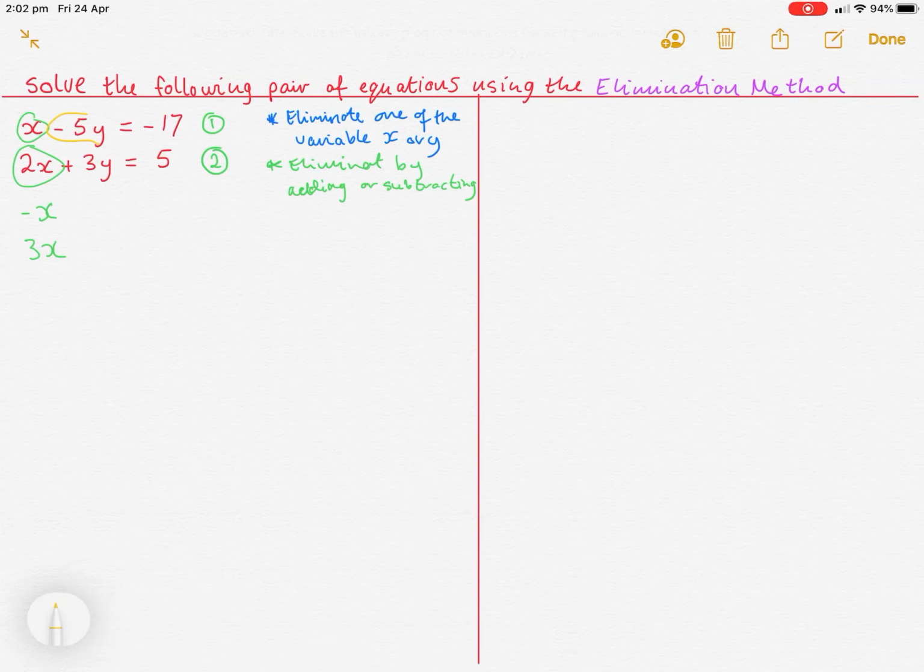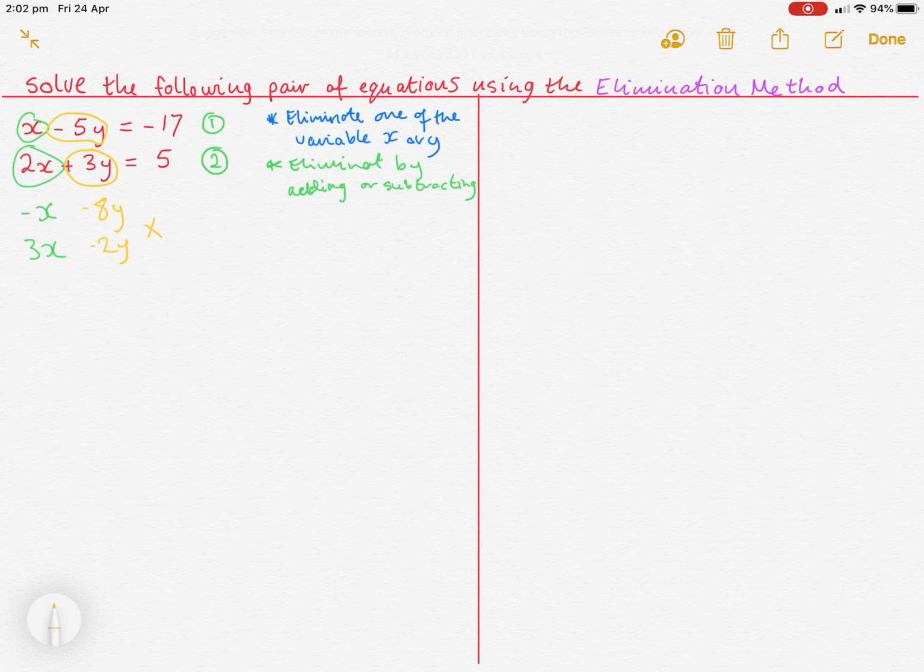If you did minus 5 minus 3y, you're going to get minus 8y. So that's not good. We want to eliminate it, so we want it to equal 0. And if you subtracted them, so plus them, minus 5 plus 3, you'd get negative 2y. So at the moment, just adding them and subtracting them like they are isn't going to work.